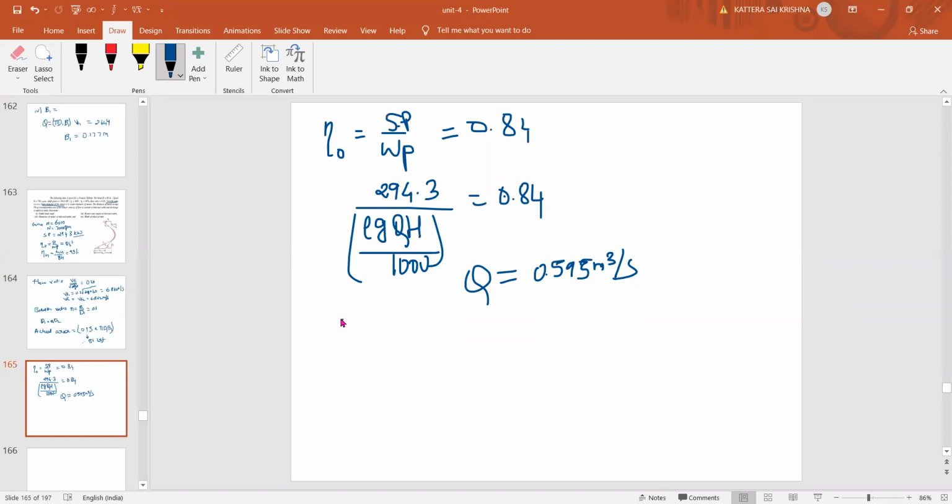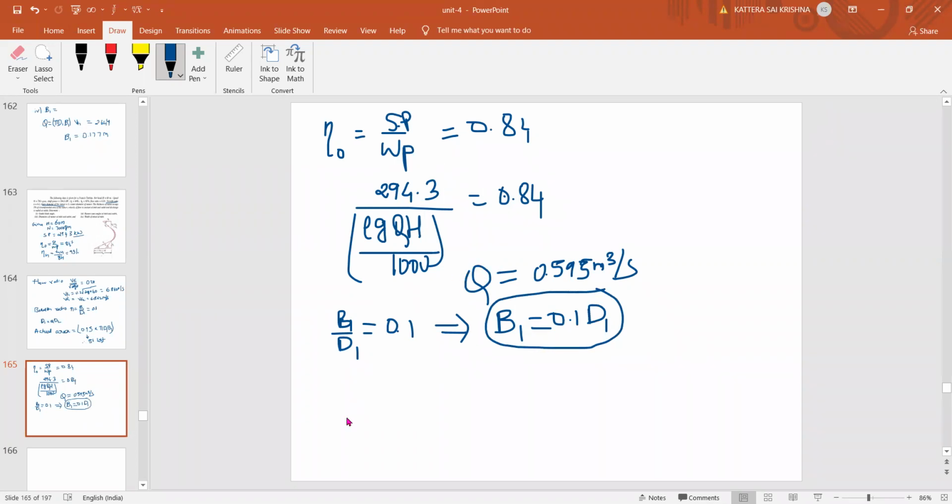So he has given B1 by D1 equal to 0.1. So from this condition, you can write B1 equal to 0.1 in terms of D1. So you can use this condition and substitute B1 here, because we already know Q equal to 0.95 area.